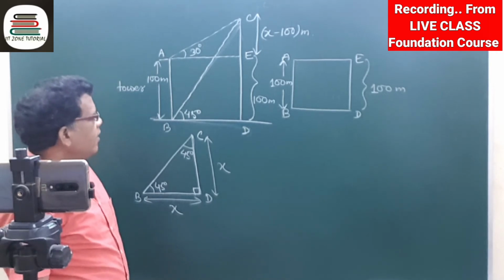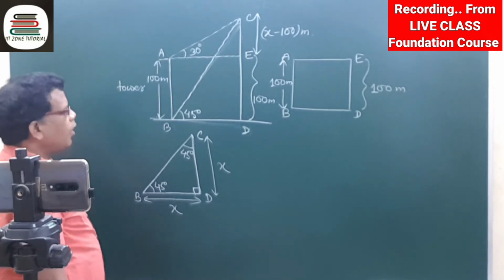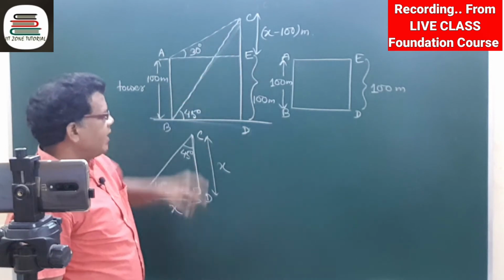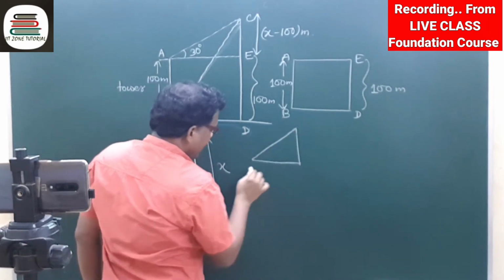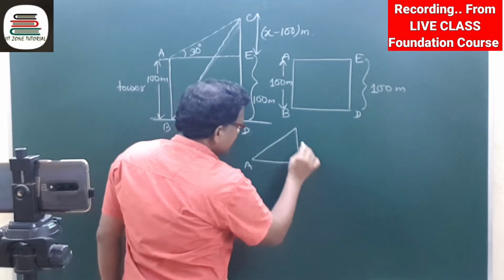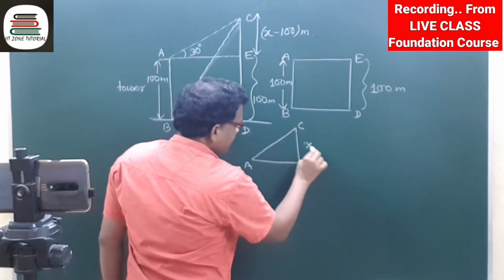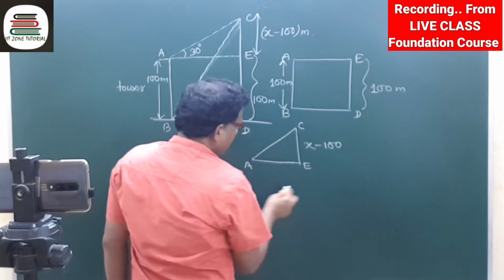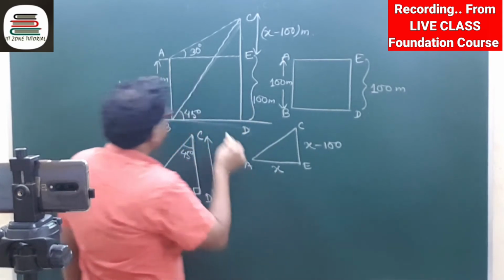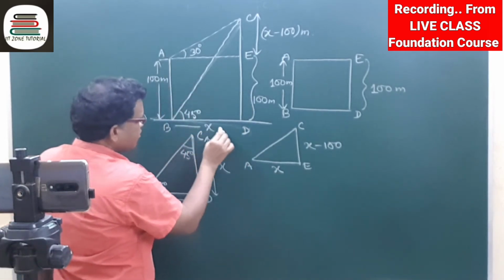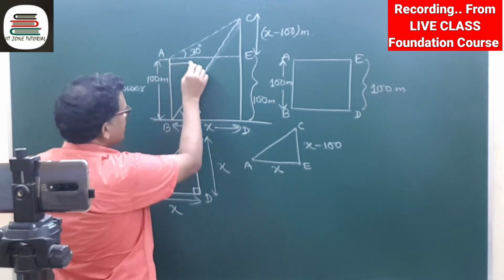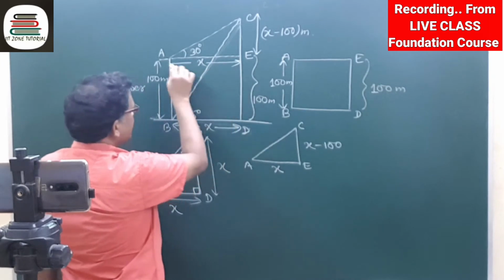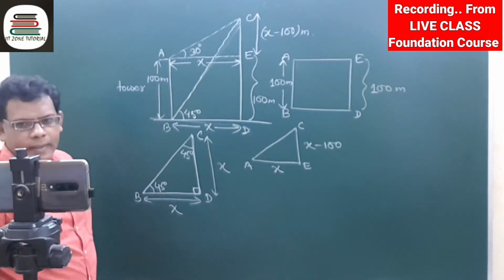Is that clear? So now we have another right angle triangle AEC. Out of which, here I know this side is X minus 100, and this side is X, because if this was assumed as X in this diagram, this must also be taken as X. Is it clear?